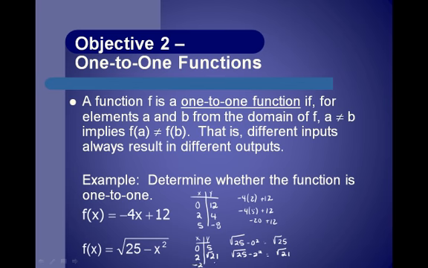If we picked negative 2, though, we would get the square root of 25 minus negative 2 squared, which would be the square root of 25 minus 4, which again would give us the square root of 21. Notice we picked two different x values, but we got the same y value. Therefore, this function is not one-to-one.